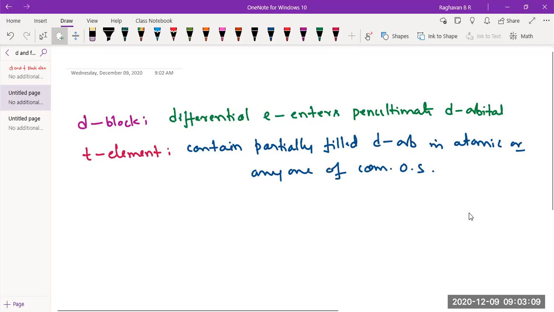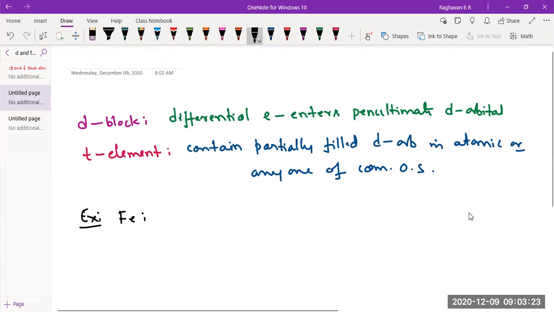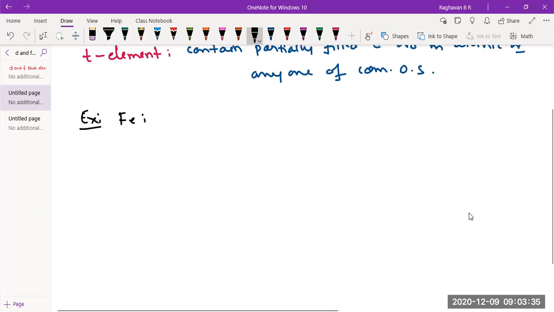So we'll take some examples. Let's see whether iron, being a d block element, fits into both the statements. Differential electron enters into the penultimate d orbital, and it also contains a partially filled d orbital, so it can be called a transition element as well as a d block element. Iron, atomic number 26.